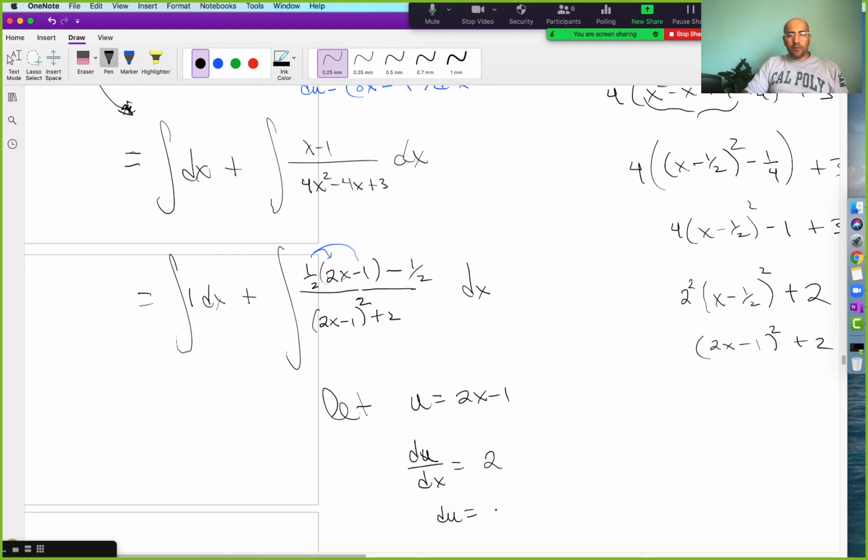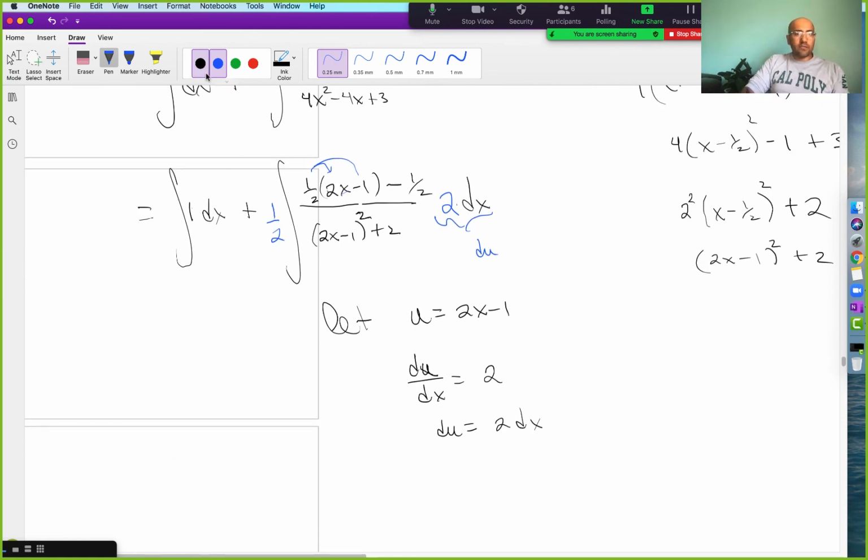So du is equal to 2 dx. That means there's going to be an extra 2 that's needed there. We're going to balance it out with an extra 1/2 out there, so that this part right here is my du.